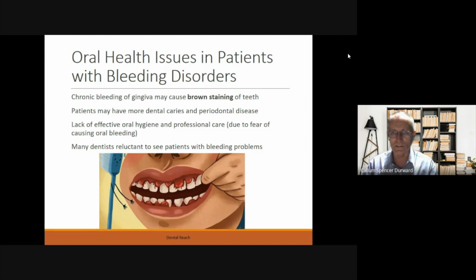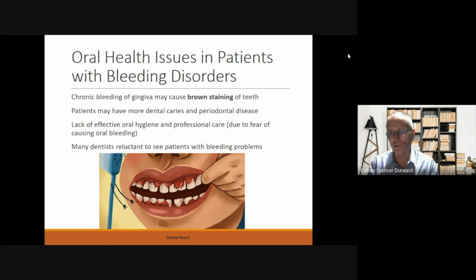Patients with bleeding disorders do have oral health issues. The chronic bleeding of the gingiva may cause brown staining of the teeth. Patients may have more dental caries and periodontal disease and may lack effective oral hygiene and professional care.